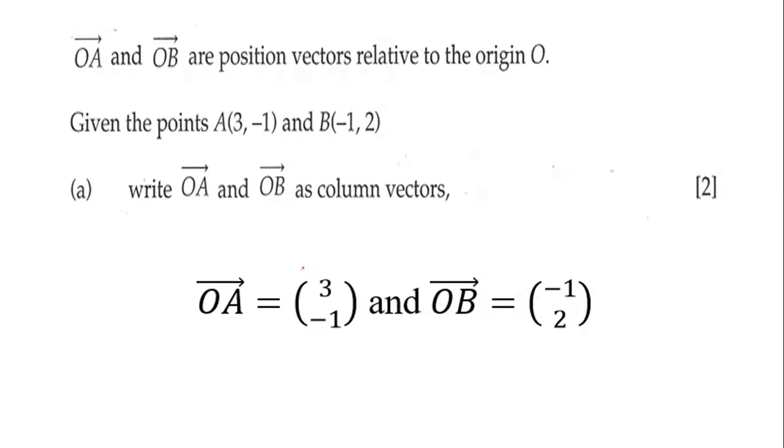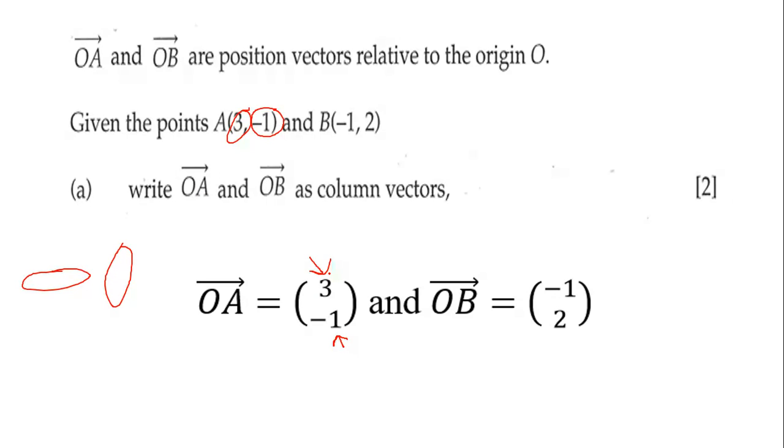So we take this 3 and put it at the top, and we take this -1 and place it at the bottom. We switch the orientation from being like this to being like this. And that's what it means to write OA as a column vector. That's how we do it.